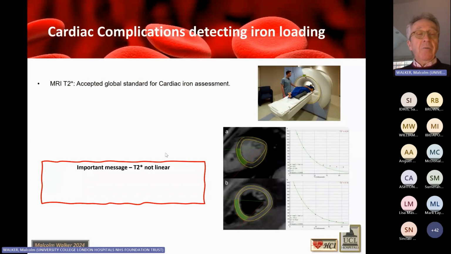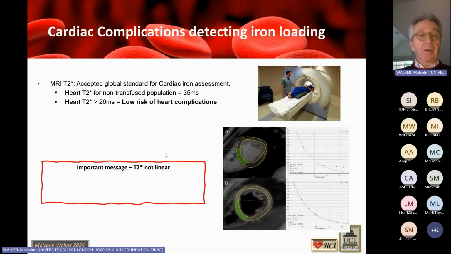And just take home messages, an MRI T2 star is now and has been shown to be the global standard for tissue iron assessment. In the heart, the T2 star for a non-transfused population is around 35 milliseconds.